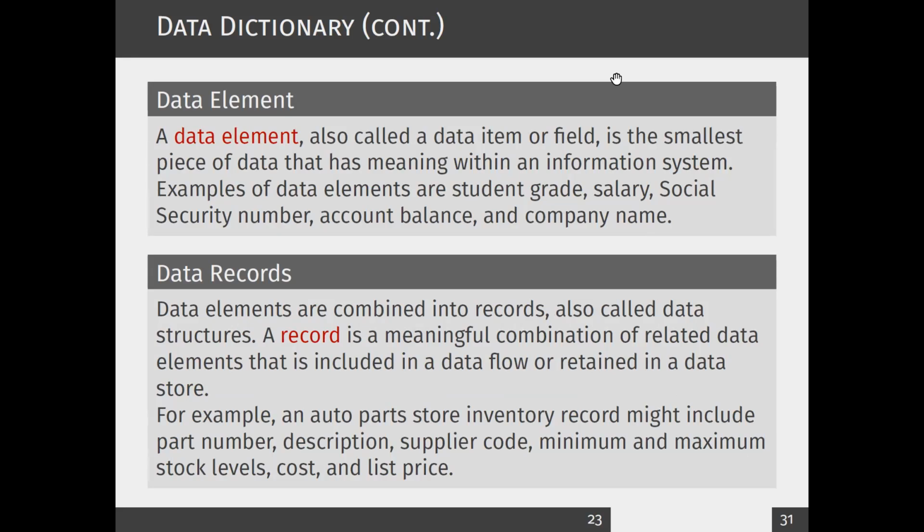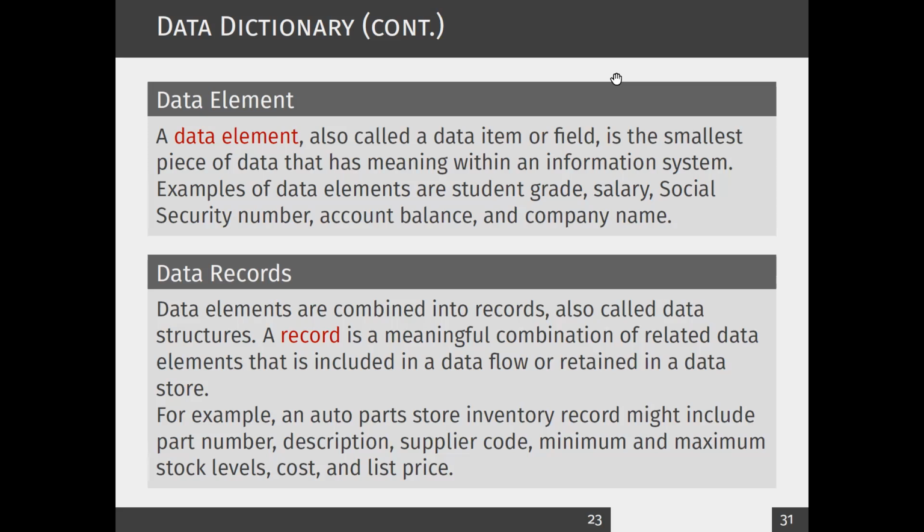So what is a data element? A data element can also be called a data item or a field. It is the smallest piece of data that we can talk about within an information system. For example, a student grade, a person's salary, social security number, which is like a national identity card number, account balance, and company name are all examples of data elements.